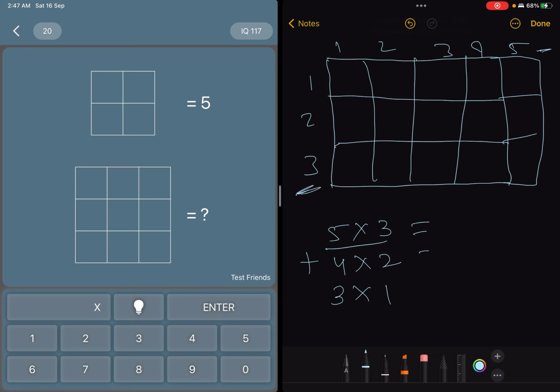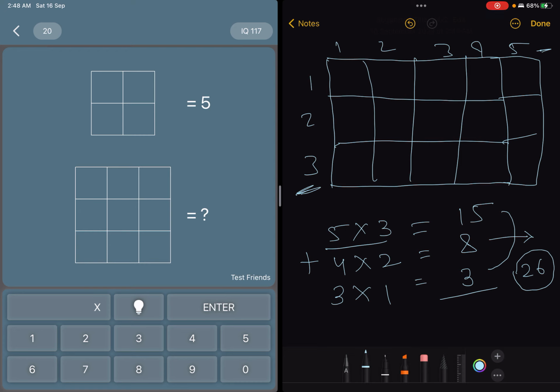That's it. It would be 15, it would be 8, and this would be 3. So 15 plus 3 is 18, and 8 would be 26. So the answer is 26.